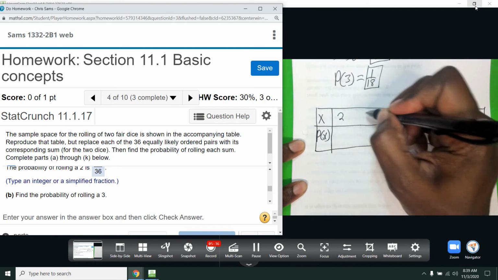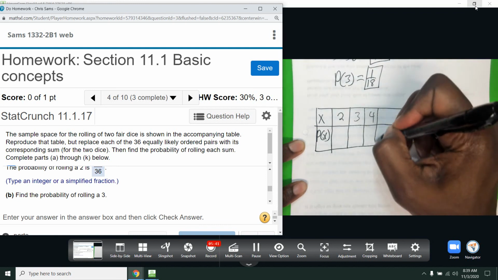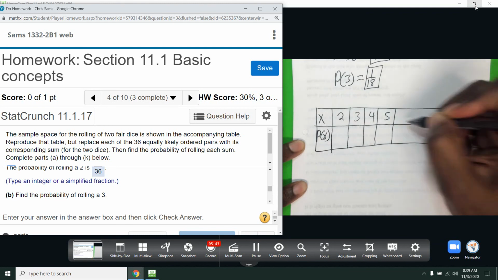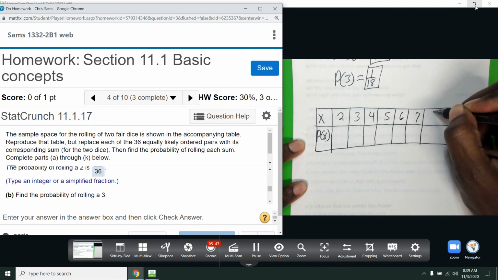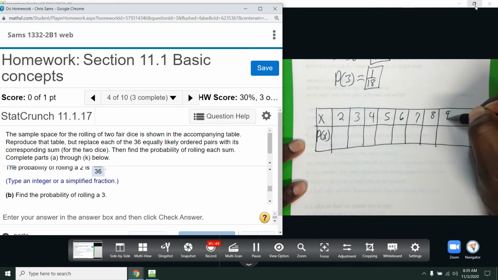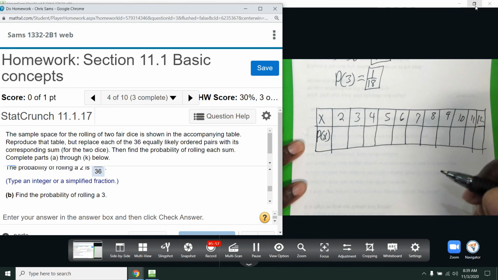The numbers we get are 2, 3, 4, 5, 6, 7, 8, 9, 10, 11, and 12.